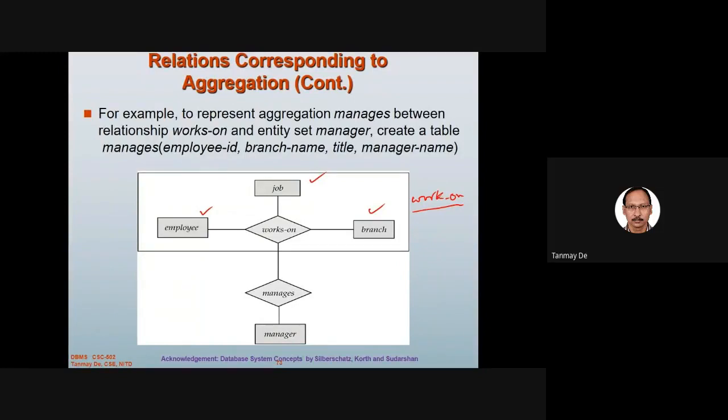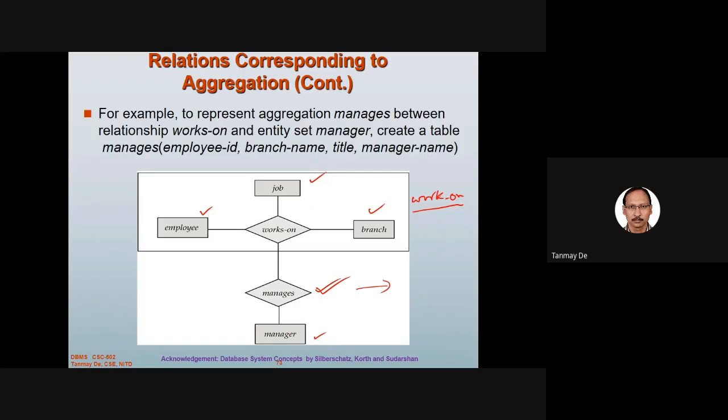So in that case, the aggregation is the manages. That is this aggregated entity set, and another entity set is related via the manages relationship. So for this manages relationship, when you convert it to a table, the name is manages. What are the columns in the manages table? Columns from each of the higher level entity sets, means each of the primary keys of the higher level entity set.